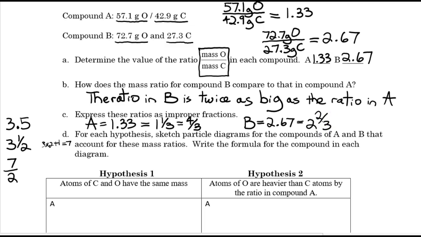So I've got a mixed number of 2 and 2/3. If I do the 3 times the 2, I get 6, plus the 2 is 8. I stick it over the 3, it is 8/3. So as an improper fraction, A was 4/3 and B was 8/3. Notice something. B is still twice as big as A, because if I take 4/3 and I multiply that by 2, I get 8/3. So I haven't changed the comparison at all. B is still twice as big as A.